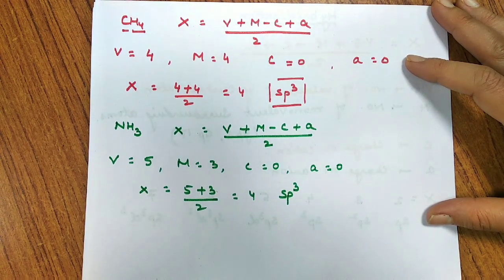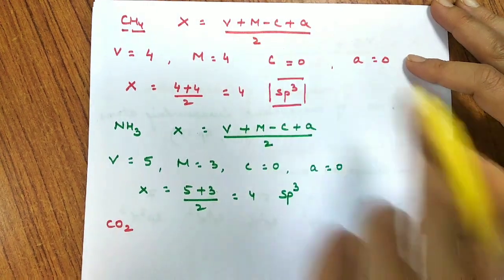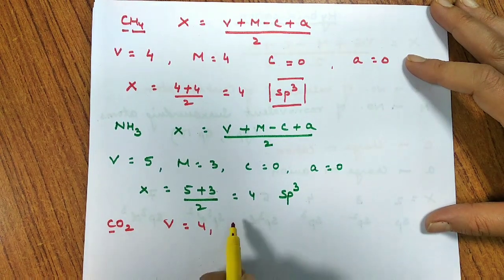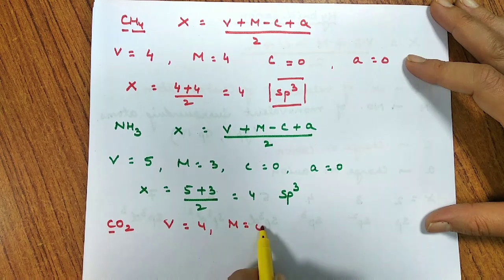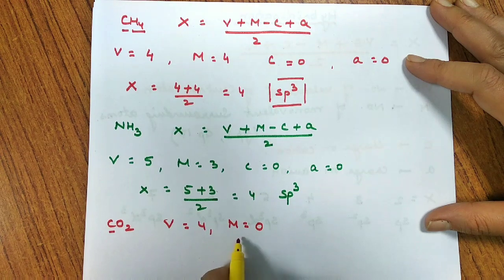Let us take another example, CO2. The formula will be the same. What is the value of V? V would be 4 for carbon. What is the value of M? M would be 0 as oxygen is not monovalent, it is divalent. So we will not take M as 2 in the case of oxygen because we need to take only monovalent.